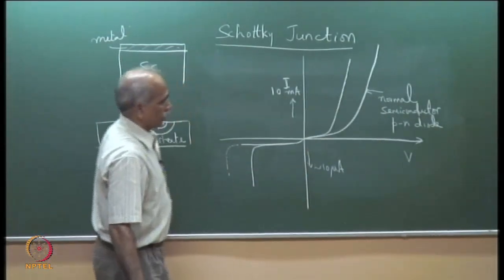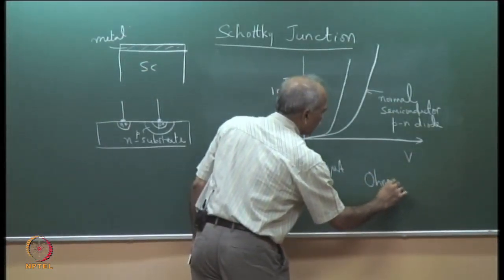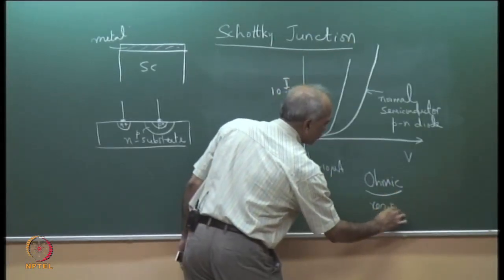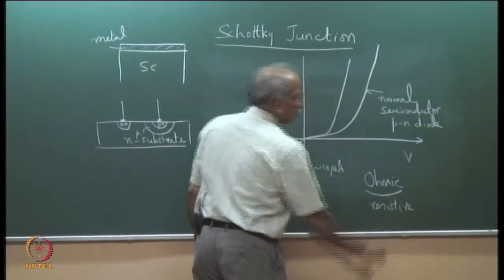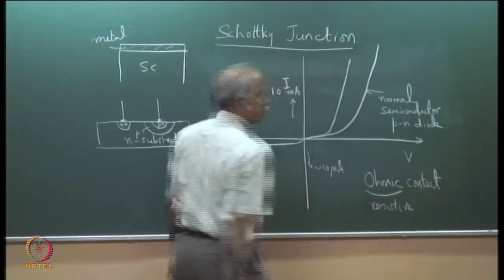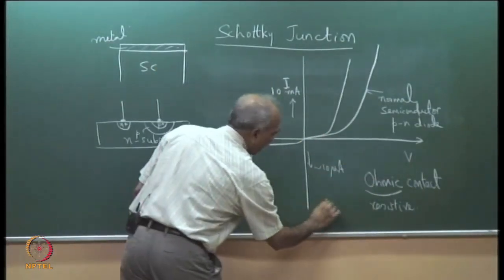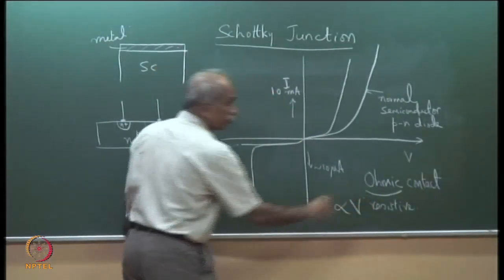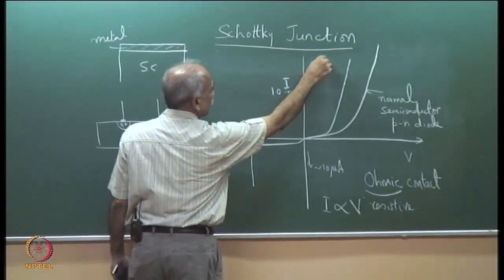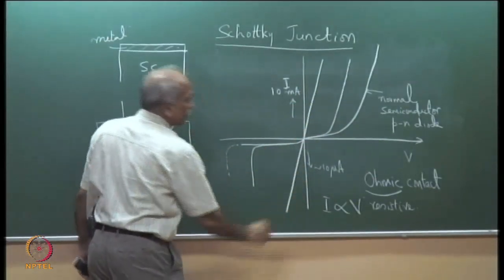Now, an ohmic contact, as the name indicates, ohmic means it is resistive. So, ohmic contact means the current is proportional to the voltage. So, I is proportional to V, and therefore we expect a linear curve, irrespective of the direction.